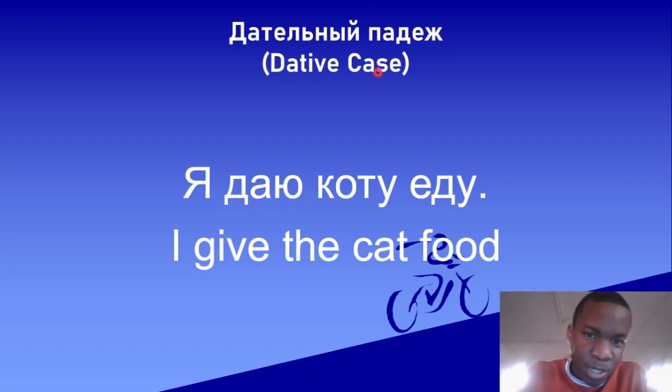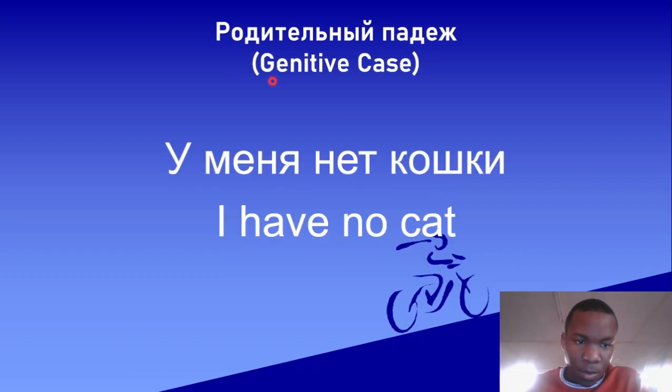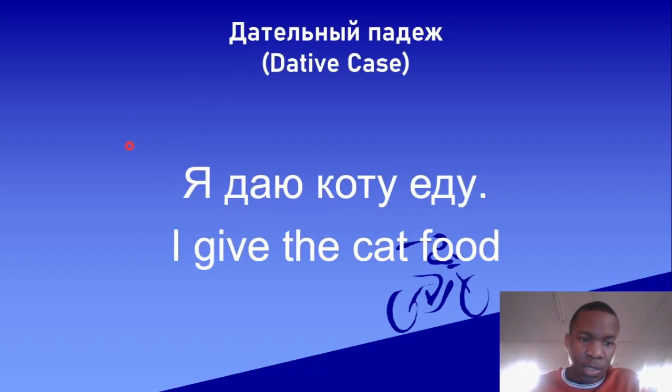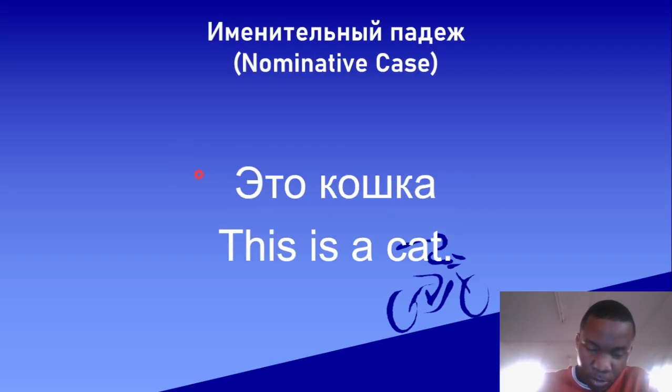Our third and final for today is our dative case, Datelni Padezh. Now I want you to look at this. Do you see how this is starting with U, and this is starting with ya? That is the first sign: you will never find ya in a genitive case, and you will never find ya in your nominative case.